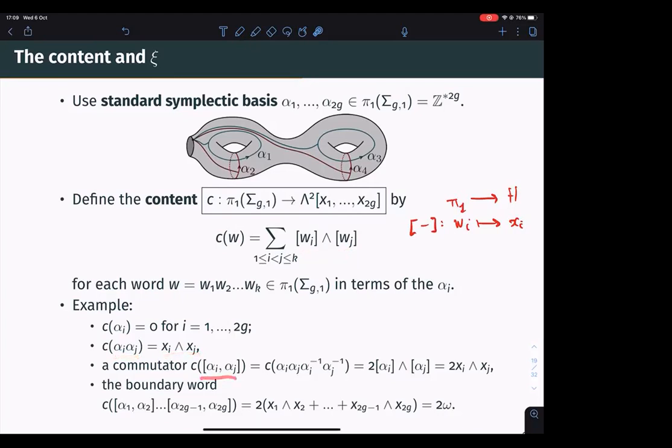The content of a commutator, sorry, is 2 times the wedge. So this is 0 in the abelianization, but it has non-zero content. And the boundary word has content 2 omega. That 2 omega appeared earlier in the homology and appears again now, and will appear again in a second.